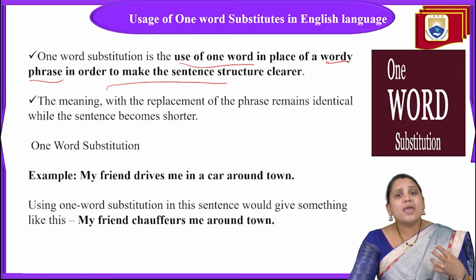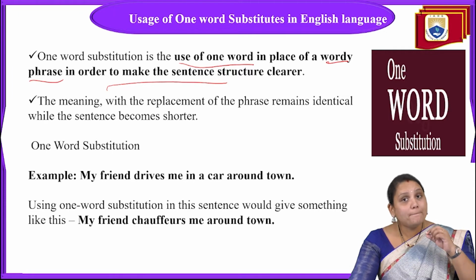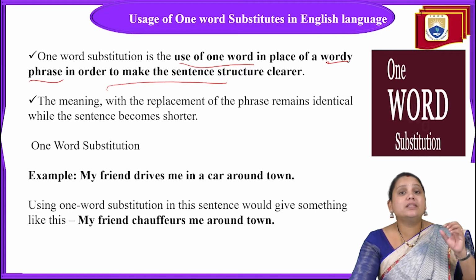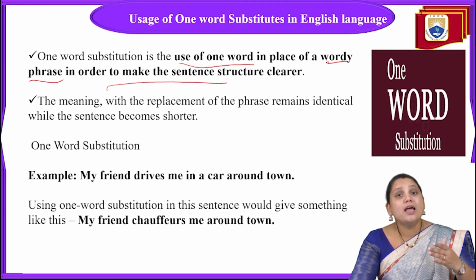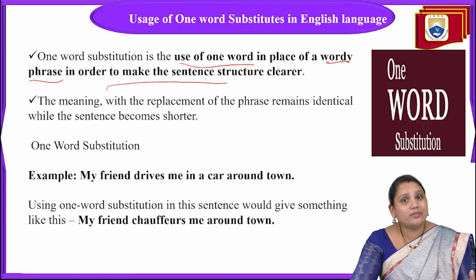Phrases may make your conversation misunderstood or clumsier, and they may not give that clarity. But using one word instead of a phrase of two, three, or four words, you can create accuracy in your conversation and make your message authentic and qualitative.